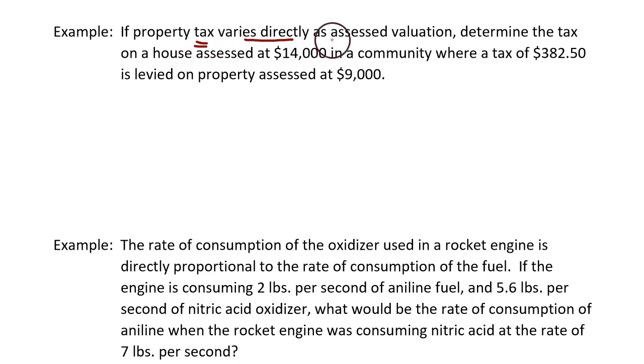Because we're told that tax and the assessed value of a home vary directly, we can create a proportion to match up facts in this problem. A tax of $382.50 is paired with a house that's assessed at $9,000. That will be equal to the amount of tax on a house that's assessed at $14,000.